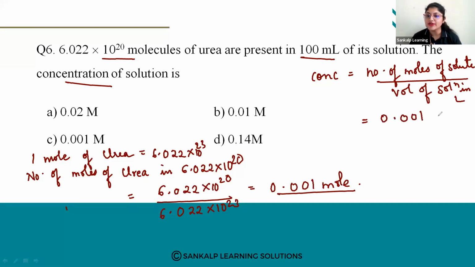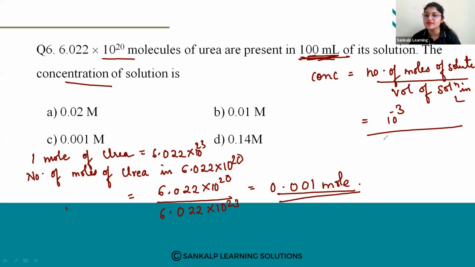So this 0.001 you can write as 10 raised to minus 3 also, because if you shift the decimal to the right, it will be minus. It is shifting by 3 places, right? So it will be 10 raised to minus 3 divided by the volume of solution, which is 100, right? They have given it as 100. You write only one of them: either 0.001 or 10 raised to minus 3. So I'll write it as 10 raised to minus 3. This is the number of moles of solute.